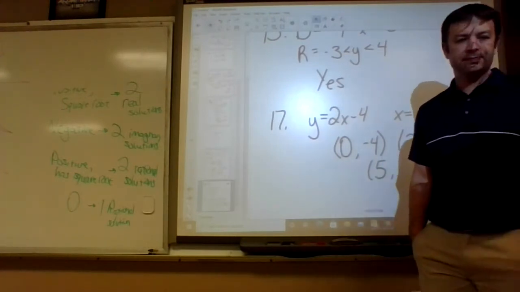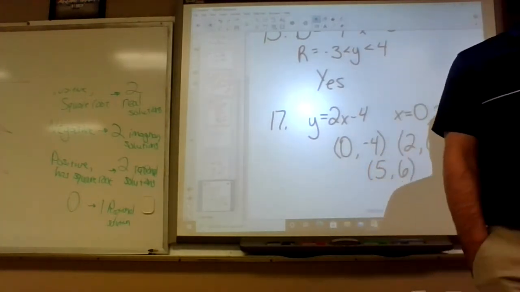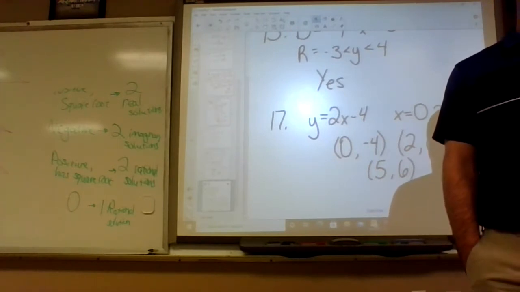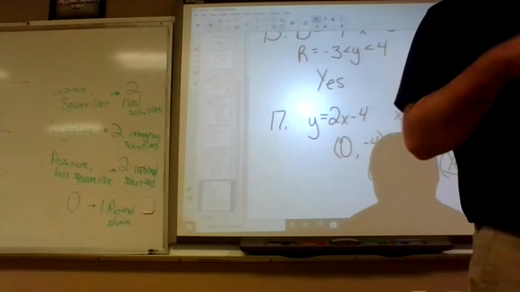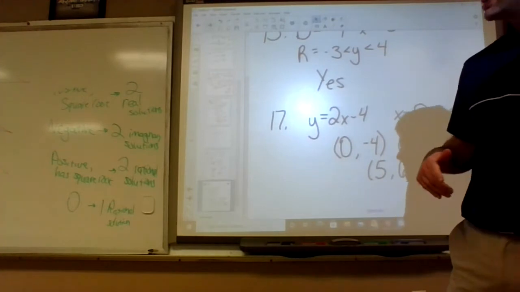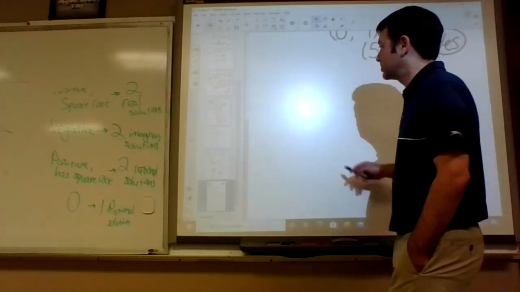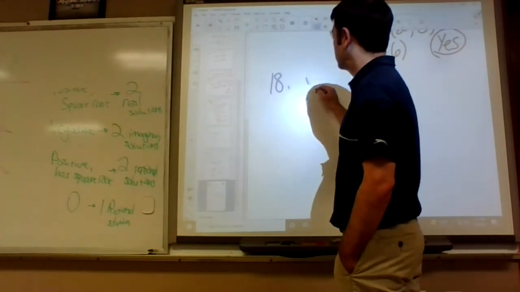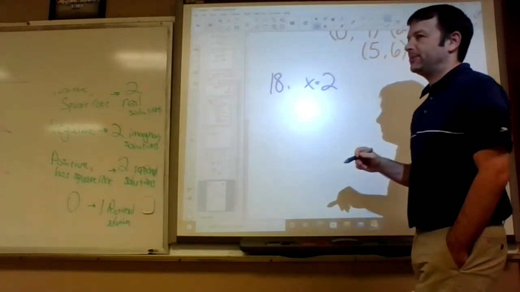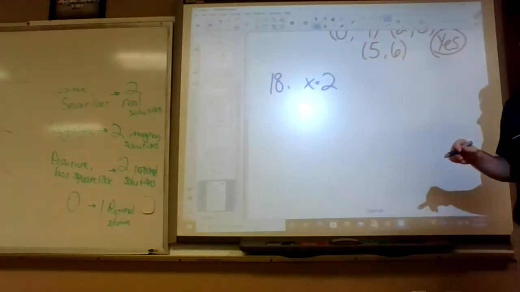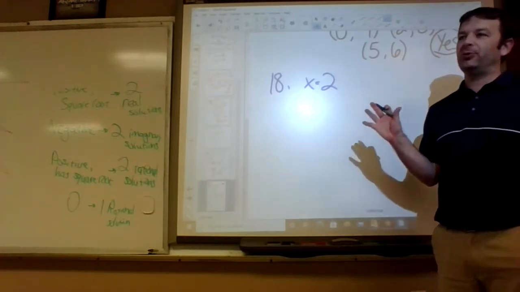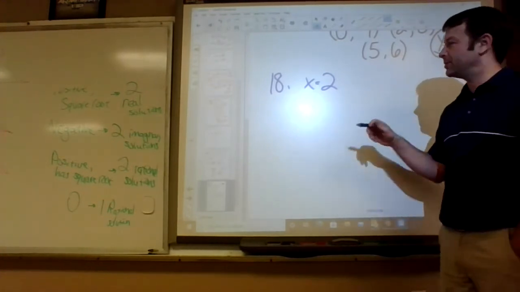Alright, good? Okay, 18 is kind of like number 10, it's weird. X equals 2 is what it says. What do you think that means? It means no matter what, the x value is going to be 2.